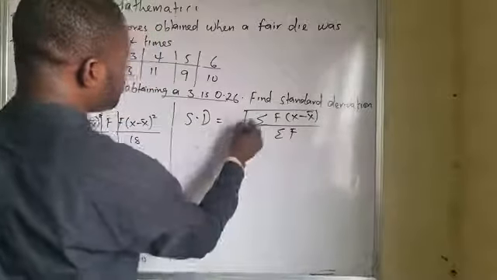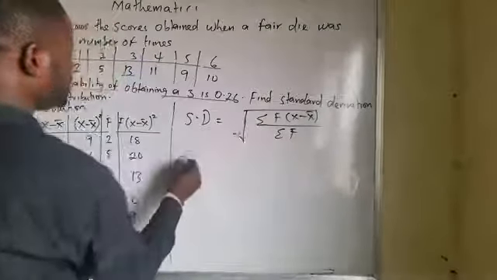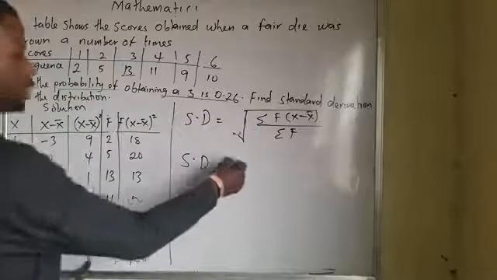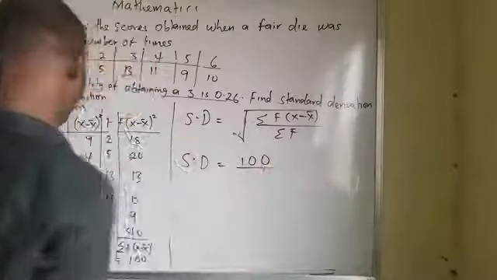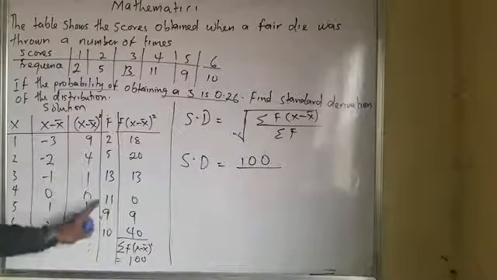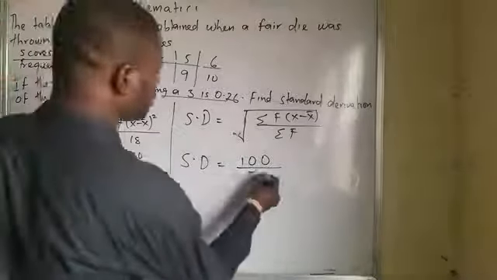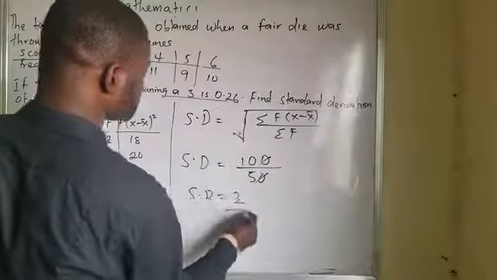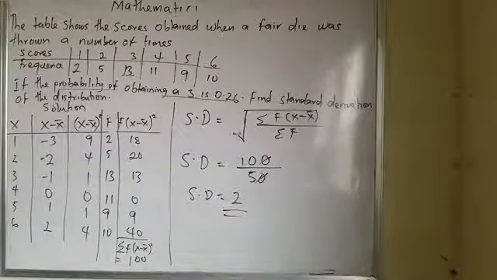Don't forget that the root covers everything. Now it means my standard deviation will be the root of 100 divided by my frequency. My frequency is 50, which you have done before. This will cancel, and my SD will be equal to 2. That's my answer. My SD equals 2.